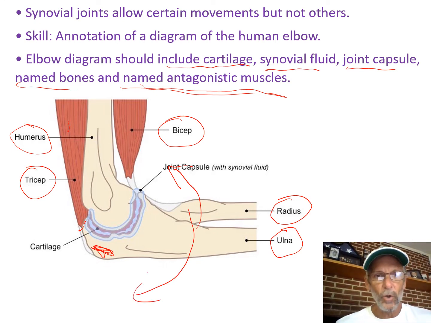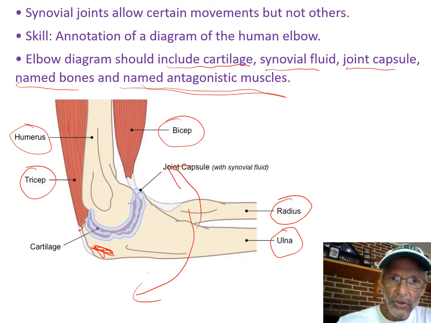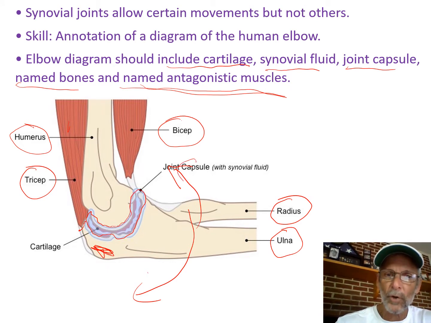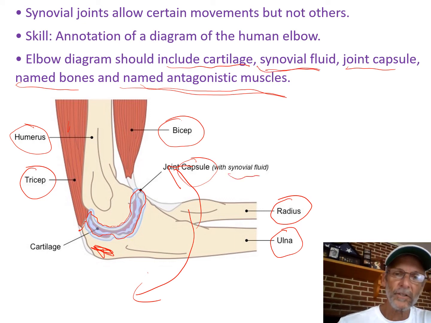Okay, so these other things, notice you have joint capsule, right? Capsule is like an enclosed, it's almost like a balloon that's squashed. In fact, it's quite like a balloon with tougher walls than your normal balloon that's squashed. That's the capsule part of it. Inside, there's synovial fluid. They wanted you to do that.